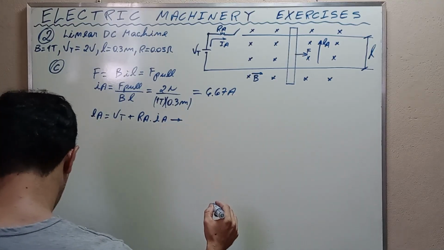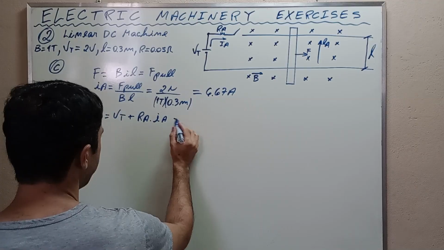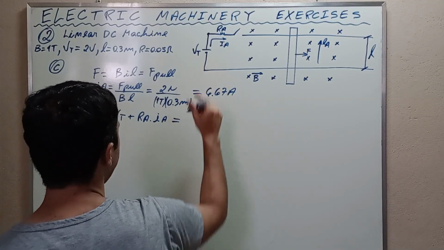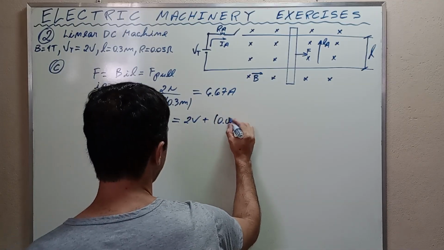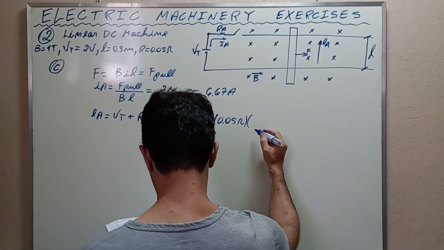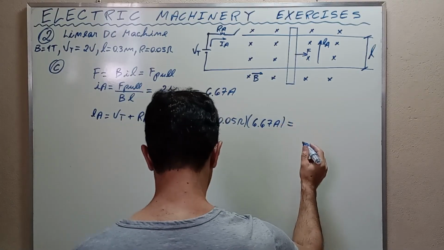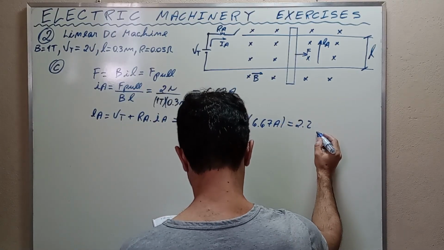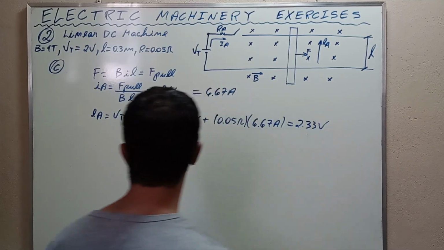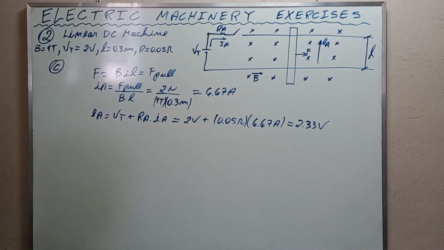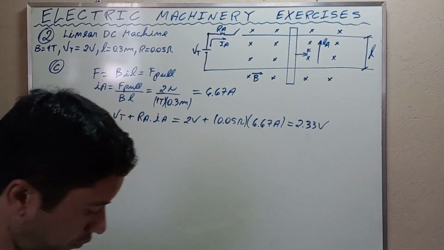And this is going to be equal to Vt, 2 volts, plus Ra, which is 0.05 ohms, times Ia, 6.67 amps, and this is equal to 2.33 volts. Okay, this is the voltage here induced by this pulling force.